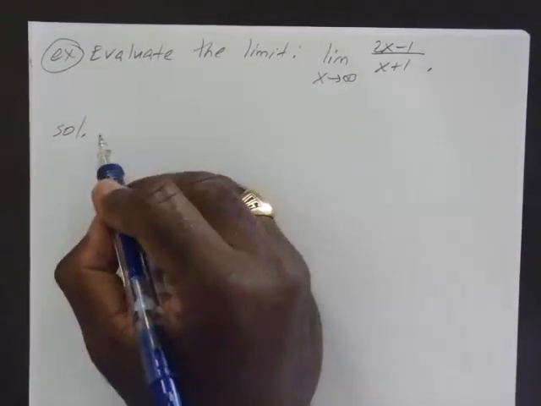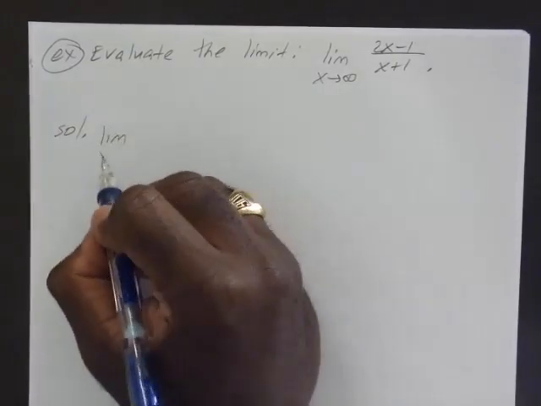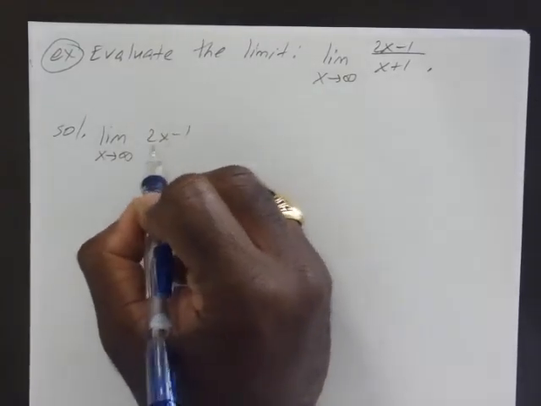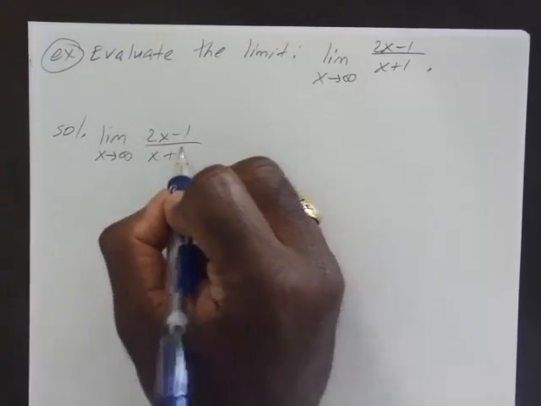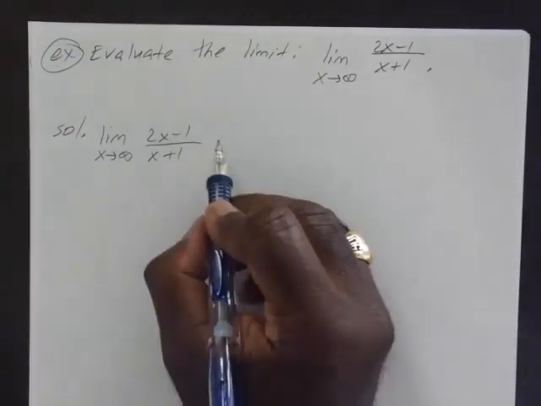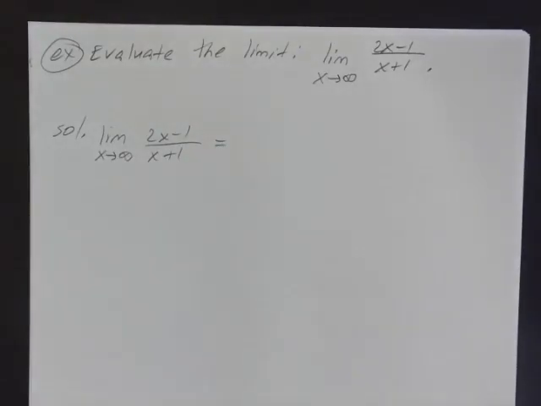Okay, so I'm just going to rewrite it, x approaches infinity, so 2x minus 1 over x plus 1. And we rewrite that using our limit properties.